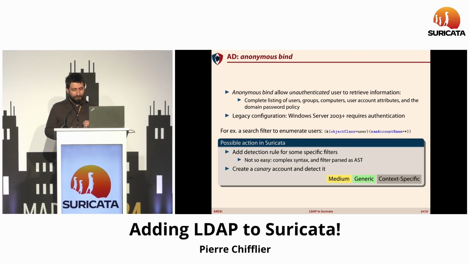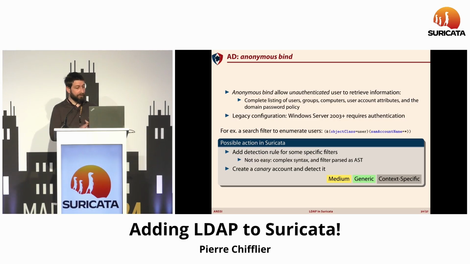So more precisely, what kind of request is the attacker using to do that? Well, it could be, as I already said, an anonymous request. So you will have something like, I want, for example, all of the account names. This is a request to list the directory users. But it's not only the users.